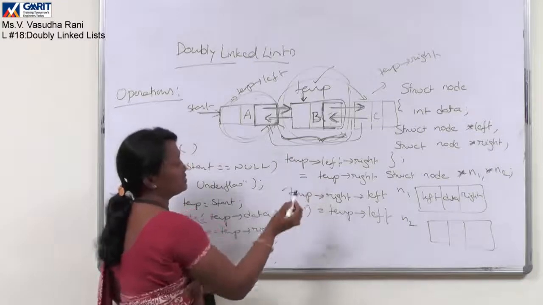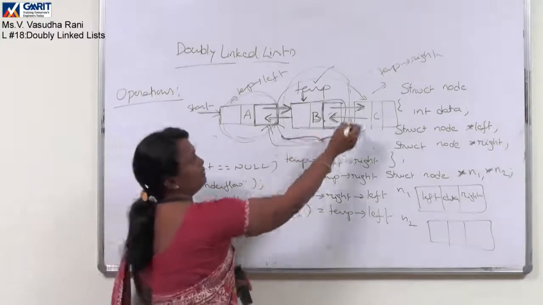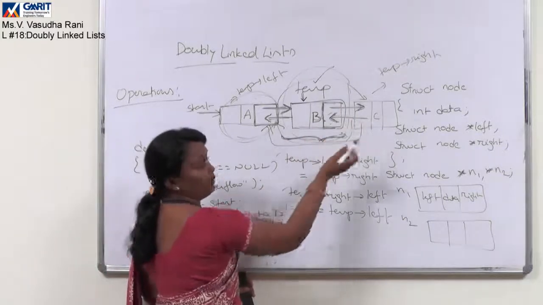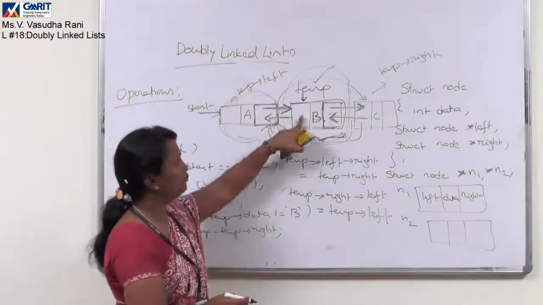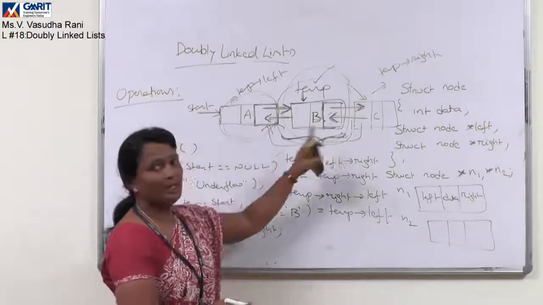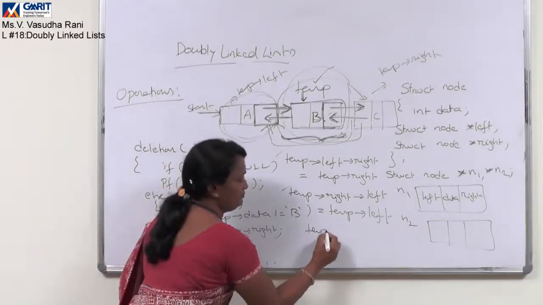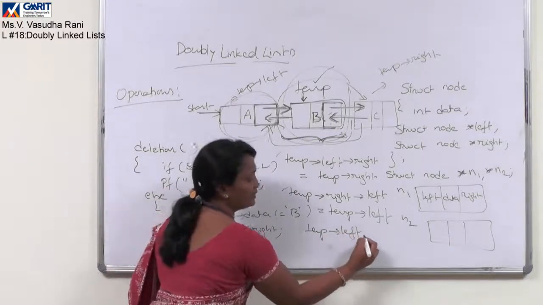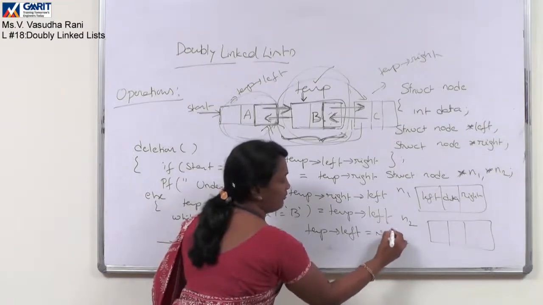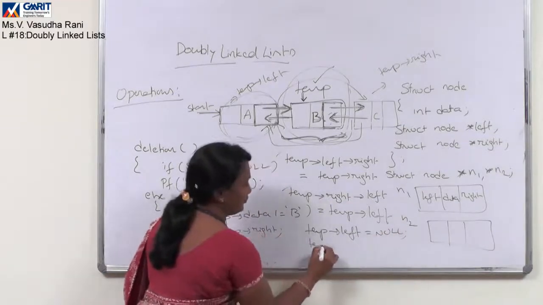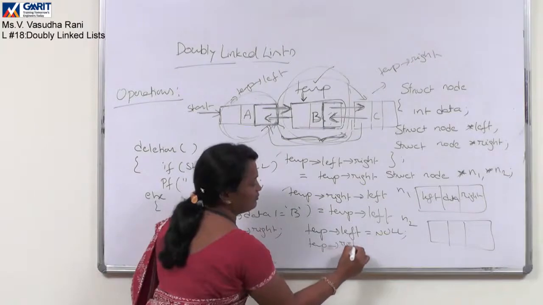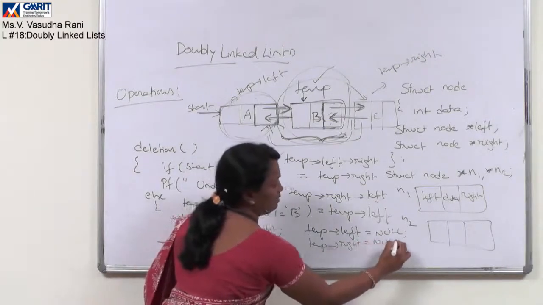So with these two statements, we could remove the connections between temp and the previous node and the next node. Now simply we can make temp left null, and temp's right is made null.